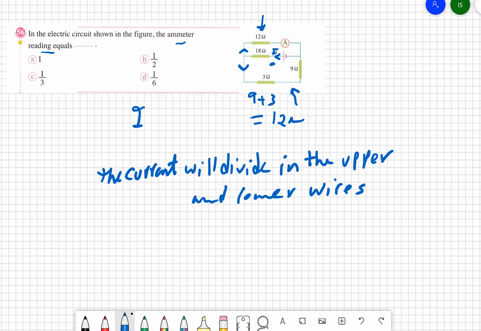So the current that the ammeter will measure equals I over 2, half the main current. So I over 2, the answer is letter B. You know why? Because the resistance in the upper wire exactly equals the resistance in the lower wire. I hope you got it.